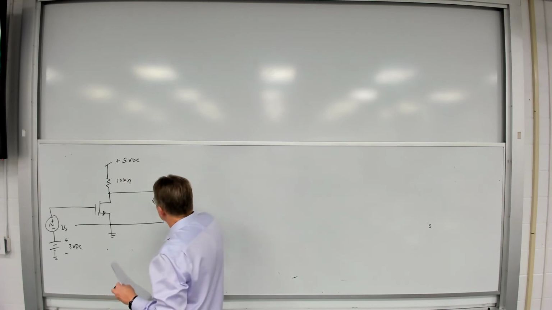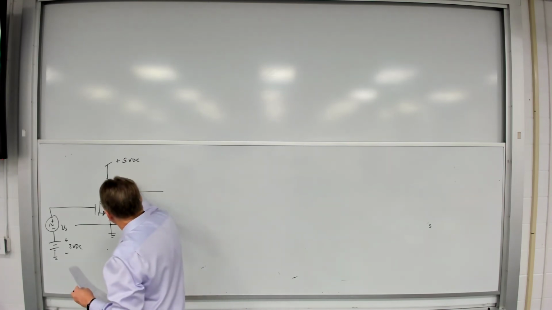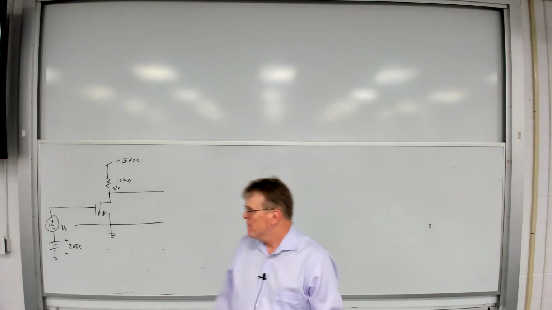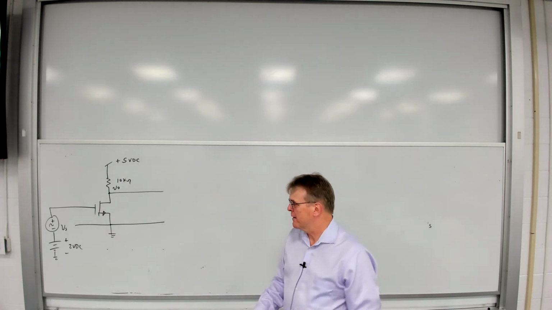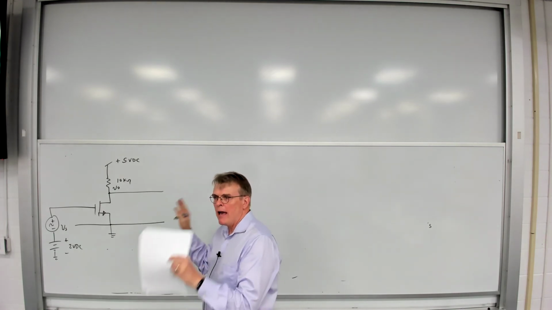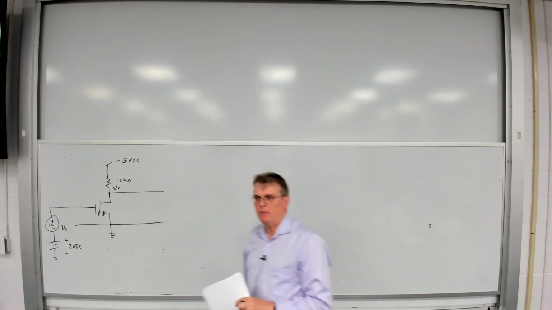Okay, so clearly we care about the output voltage versus the input voltage. We care about gain. But there are two other parameters that are important, and those parameters are the input and the output resistance of the amplifier.